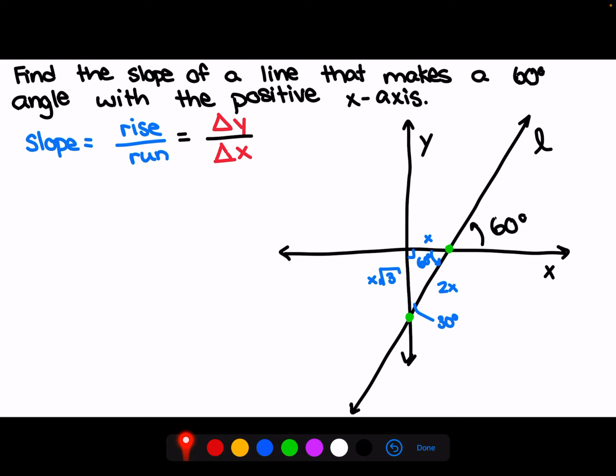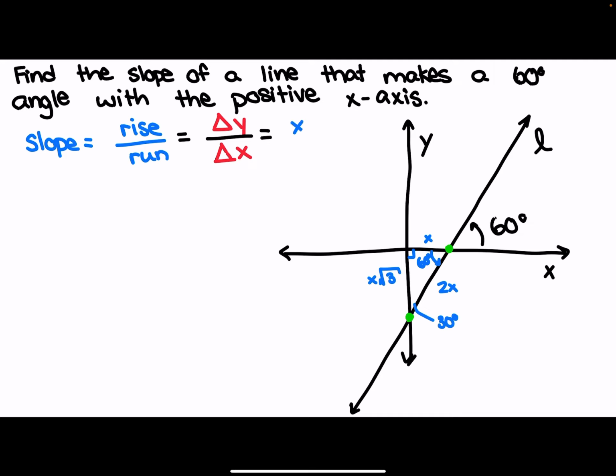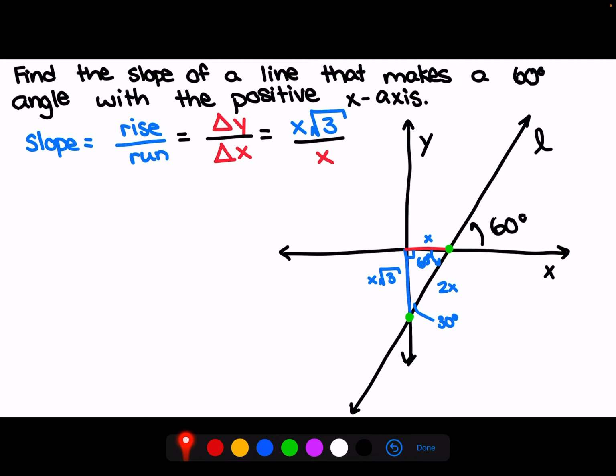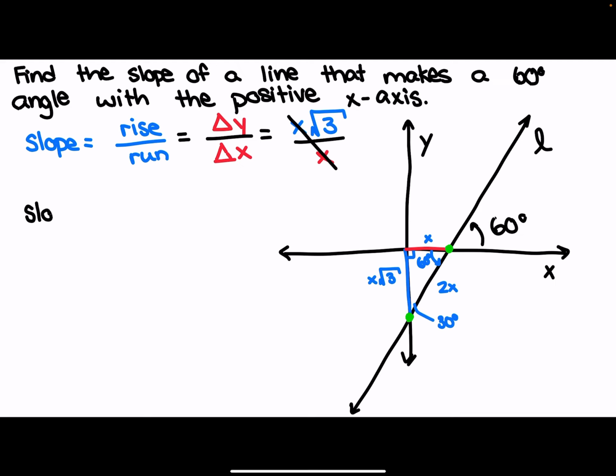The change in our x value is x. So therefore, our slope is x radical 3 over x. Well, if we look at this, we have x's on top and x's on bottom. They're both not underneath the radical. They'll cancel each other out, leaving us with our slope as radical 3. And that's our final answer.